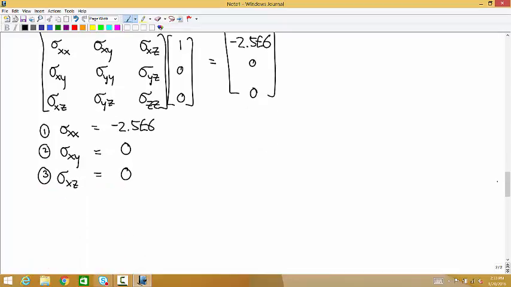Okay, so it doesn't tell us everything about the stress tensor. But whereas before we had 6 unknown values, now we have negative 2.5 times 10 to the 6 there, 0 there, 0 there, 0, 0, and these are still unknown.